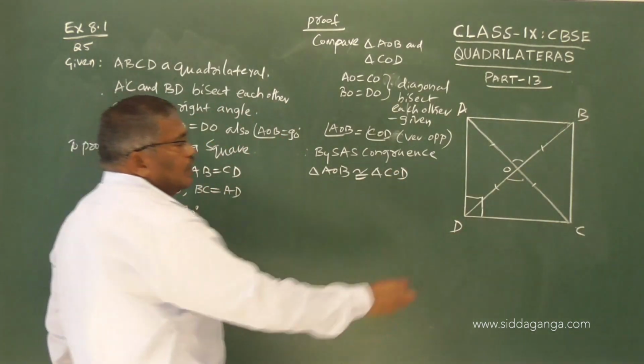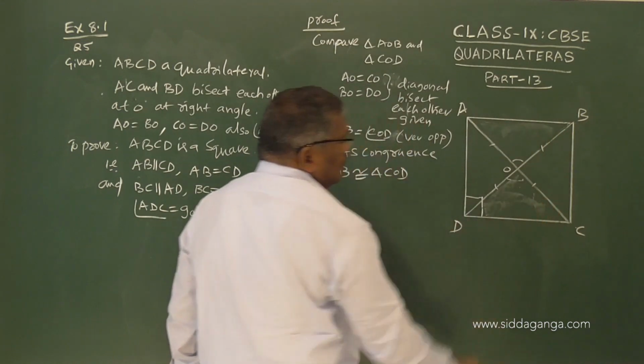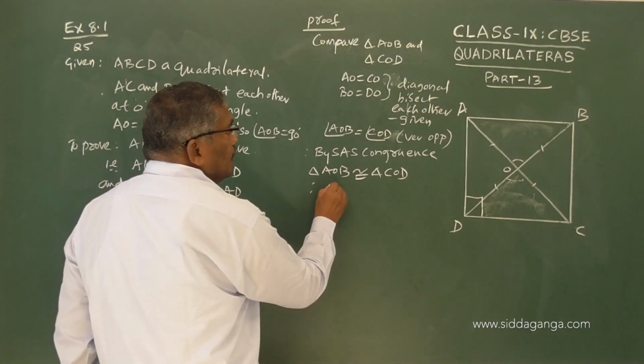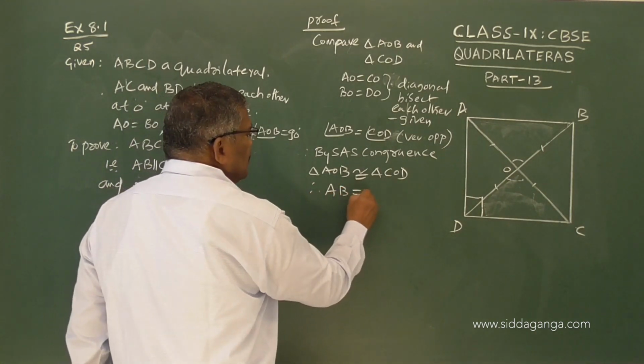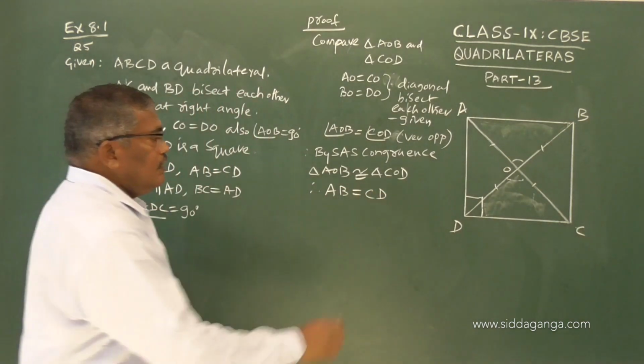See, when these two triangles are congruent, the corresponding sides are equal, therefore we can say AB is equal to CD. We can say that it is by CPCT.